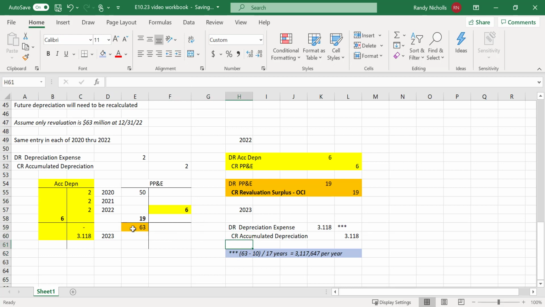My residual is still 10 million, so the amount I want to depreciate is 63 minus 10. But now there are only 17 years left in the useful life of this asset, right? It had a 20-year life, 3 years have gone by, so divided by 17 years, my depreciation is going to be 3,117,647 per year, and I've just kind of rounded it here.